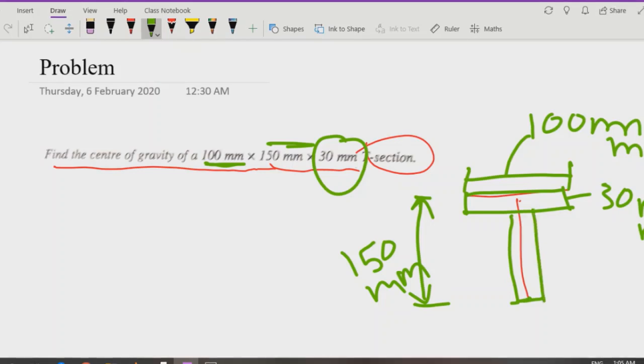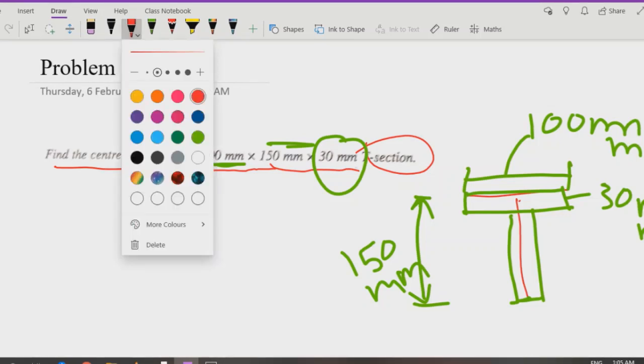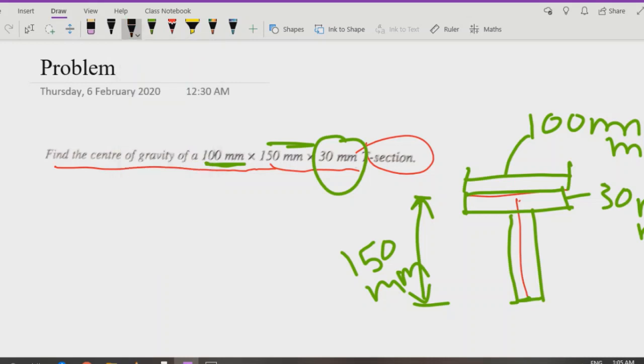Like this. Now we have our figure. We are going to find the center of gravity of this composite section. I will redraw this figure to make it more clear.